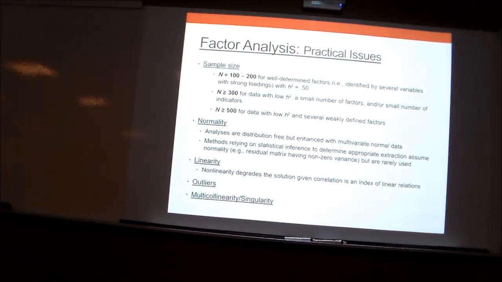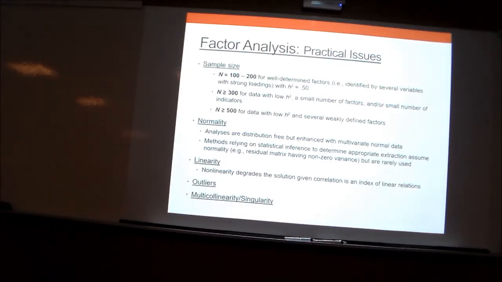Assumptions in terms of normality. Technically, these are distribution-free analyses. So if I have data that aren't normal, it's technically not violating an assumption, but many of our methods do better if we have reasonable multivariate normal data.